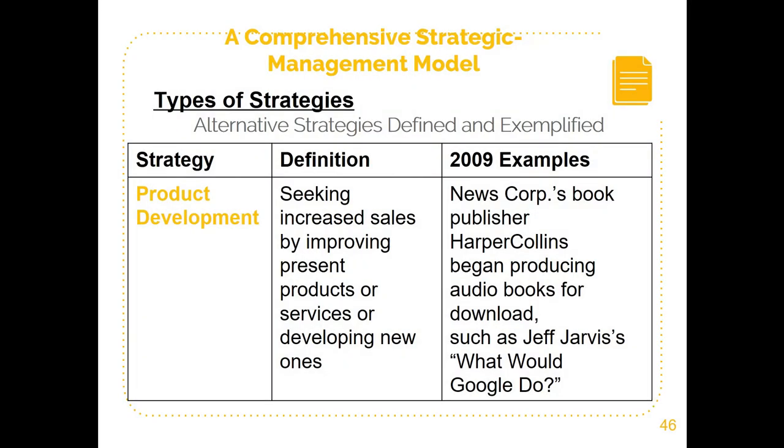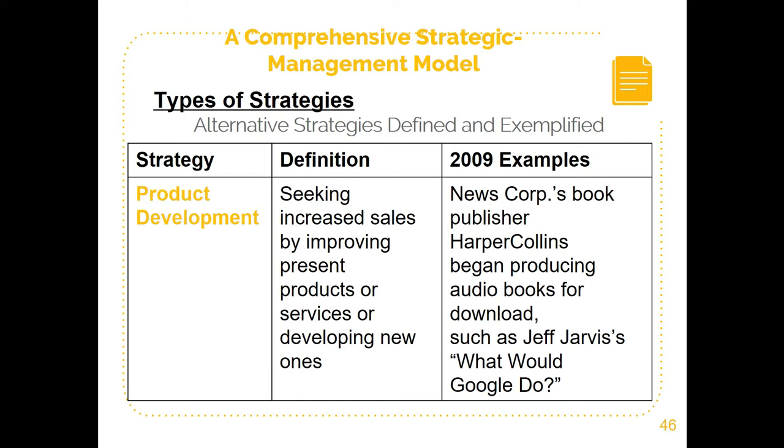Next is product development. So in here naman, you seek to increase your sales. How? By improving your present products or services. Or maybe you try now to develop new products.